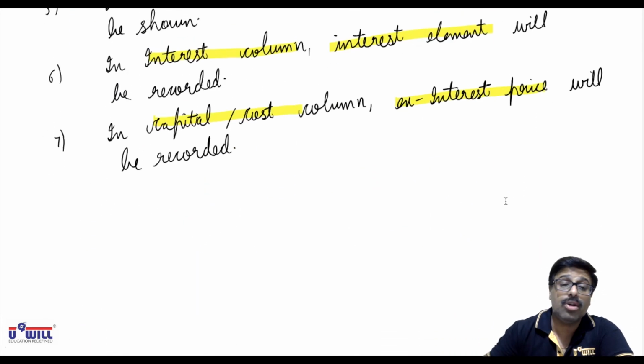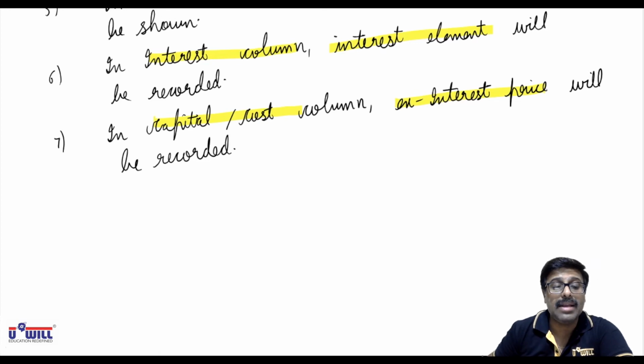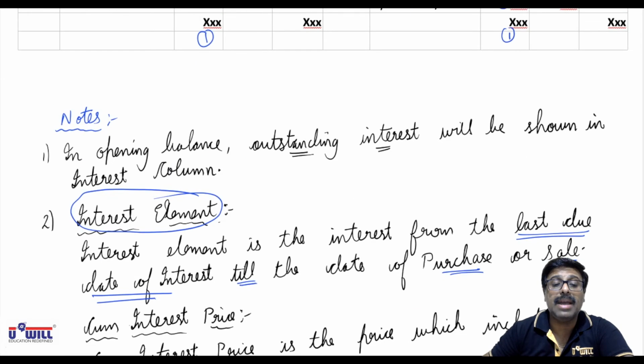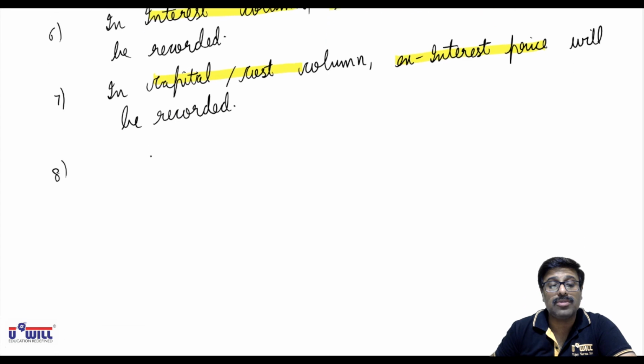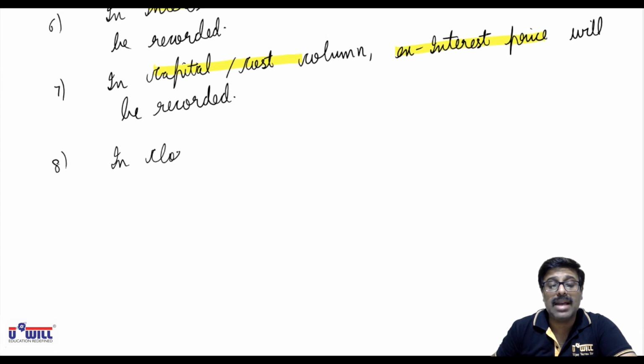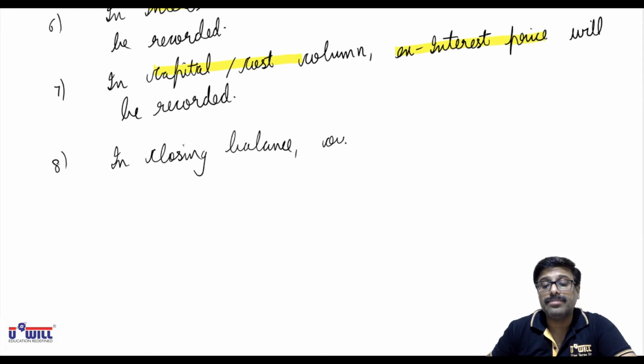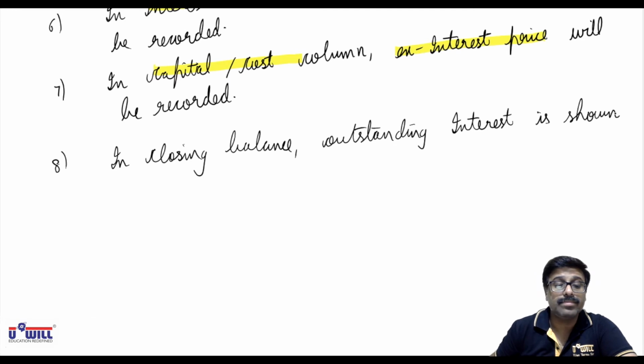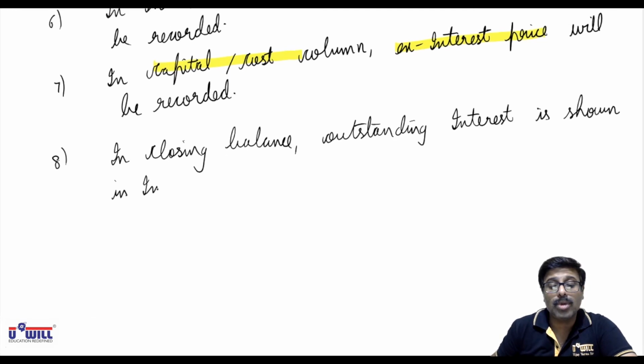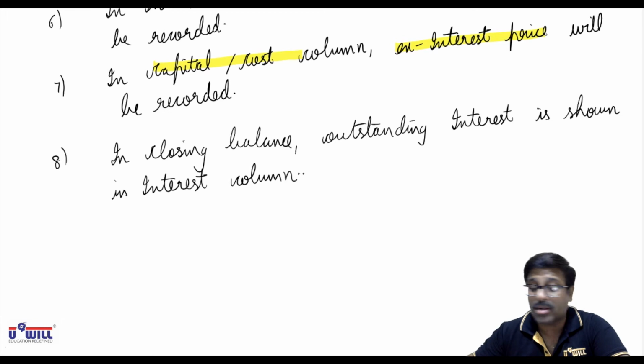So the 8th point you all can write exactly like opening balance: just like in the opening balance, where outstanding interest is shown in the interest column, in the same way in the closing balance also, outstanding interest is shown in the interest column.